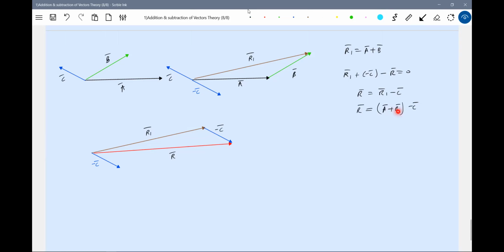You can add two vectors and subtract the resultant, or you can take A bar minus B bar and add up, or A bar minus B bar minus C bar. Any operation you can perform. Is A bar plus B bar minus C bar equal to A bar minus B bar? Definitely the answer is no. Start working it out and check it: A bar minus B bar minus C bar will be different compared to this.